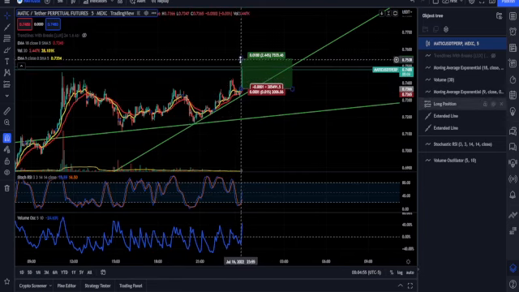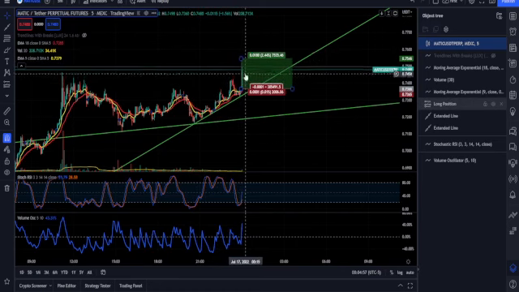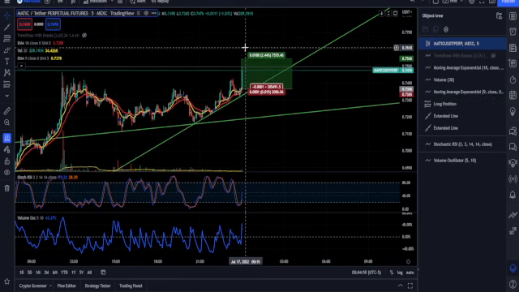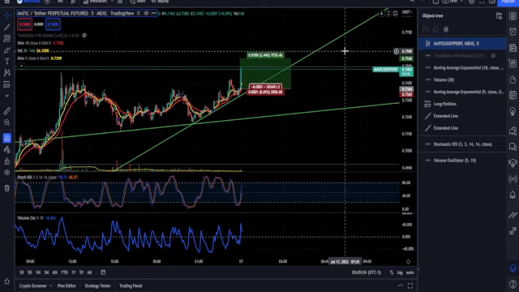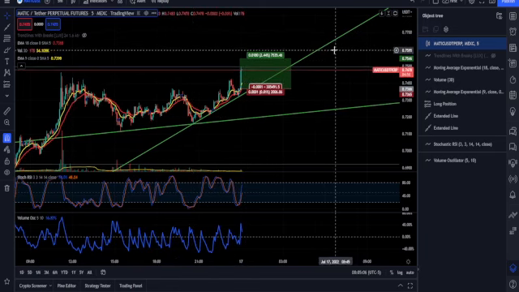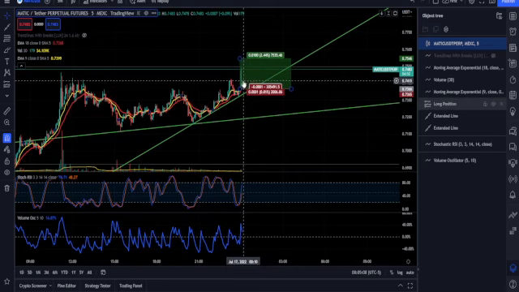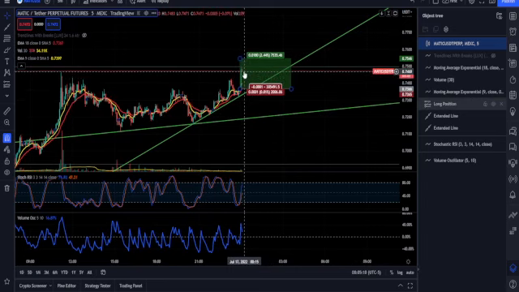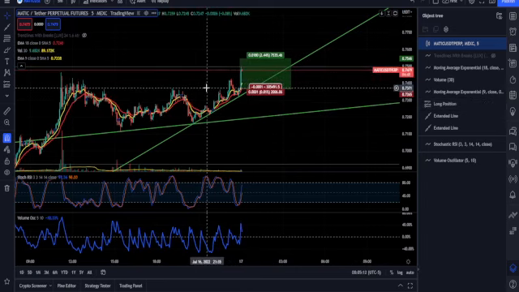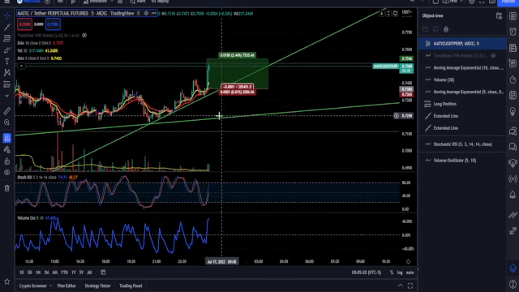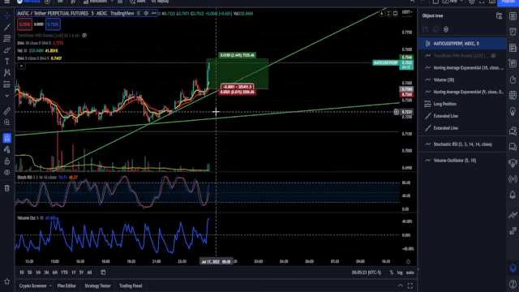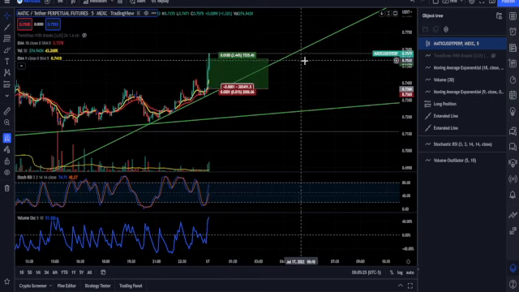Now from this point, I could easily trail my profits on up for however far the trade goes. And I kind of want to see how quick we're going to break through, but there we go.